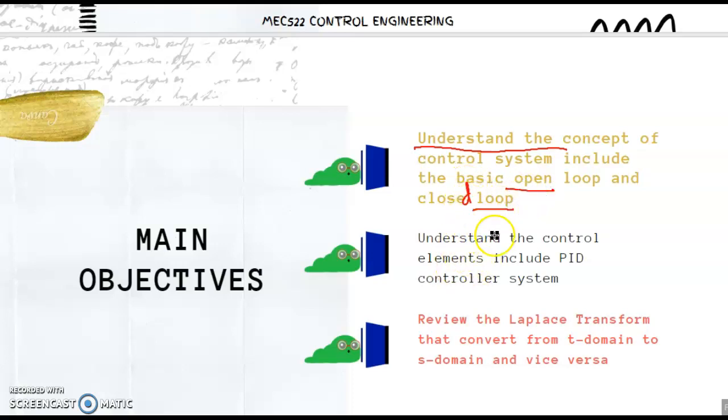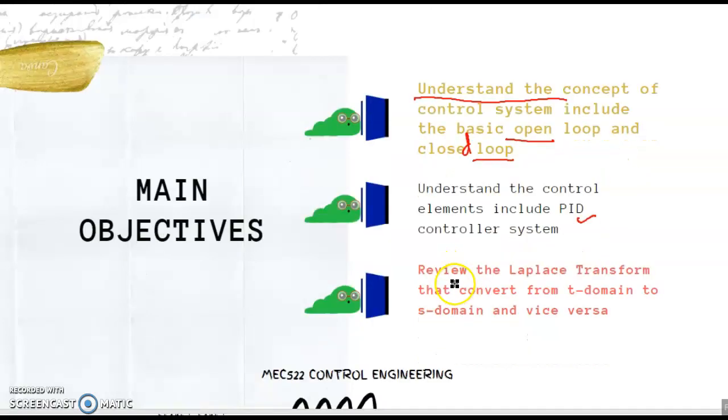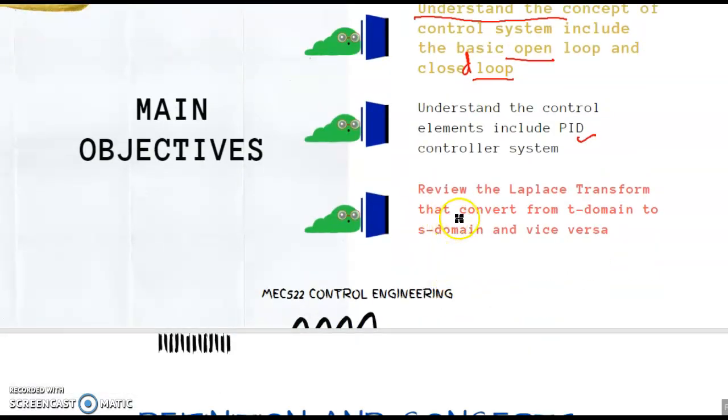The second one is to understand the control elements, including PID controller. The last one, you can convert from T domain to S domain and vice versa using Laplace transform.